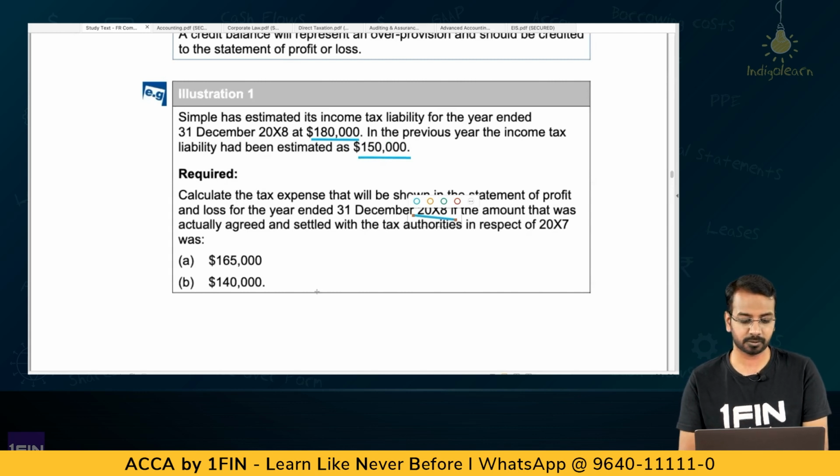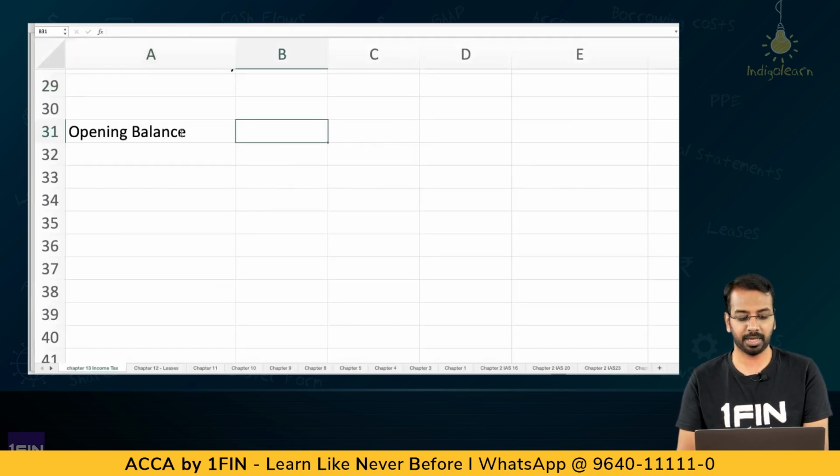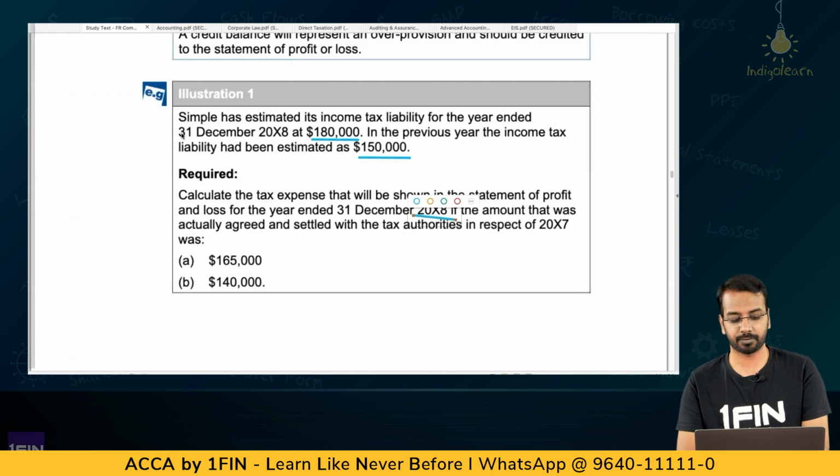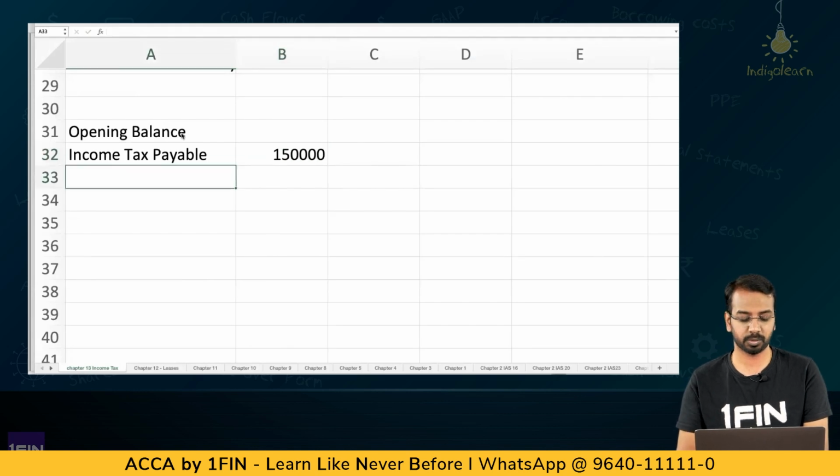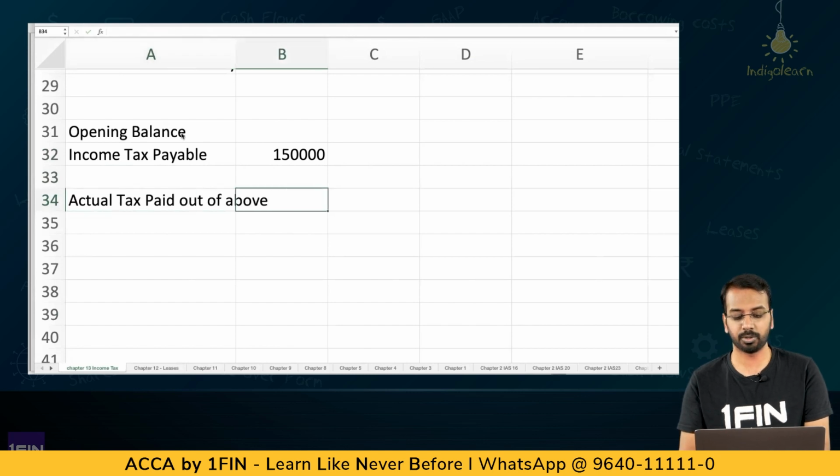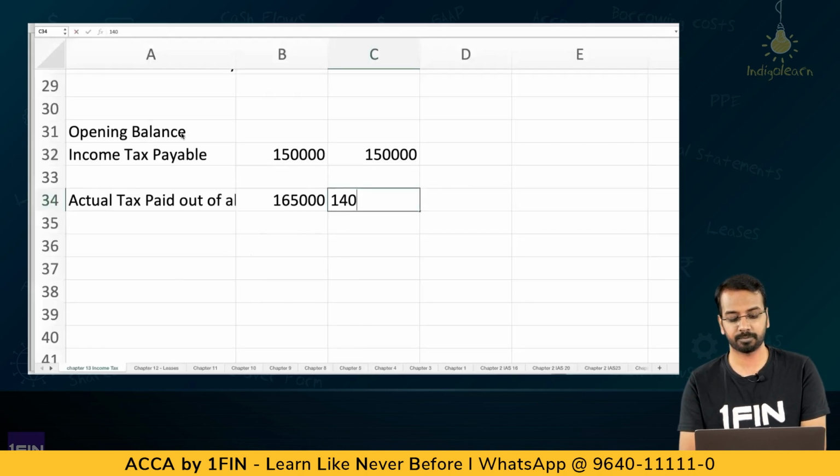Now here two things. Opening balance we have of income tax payable. Opening balance is how much? 150. Now actual tax paid out of above is how much? There are two scenarios, 165, and in the second scenario it is 140.